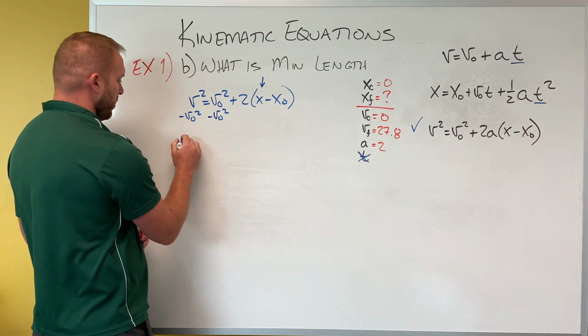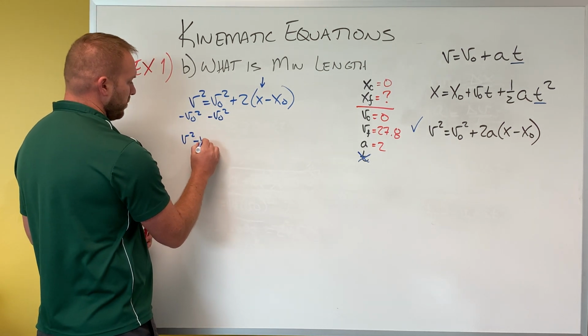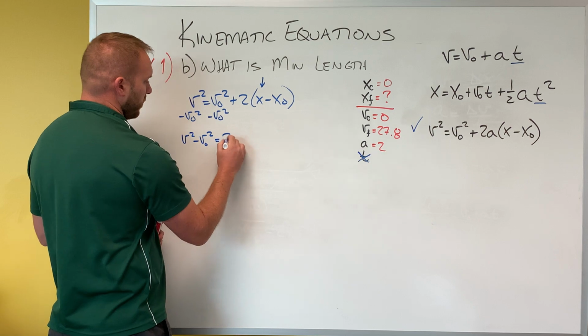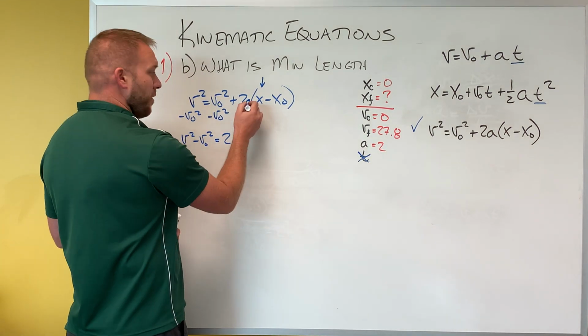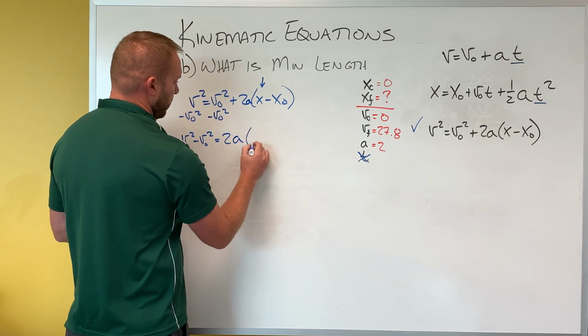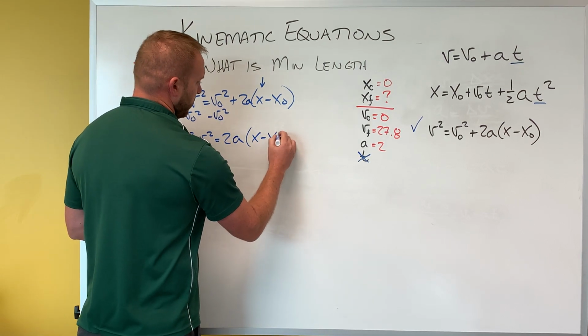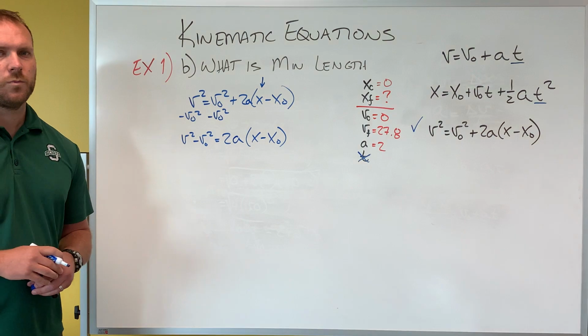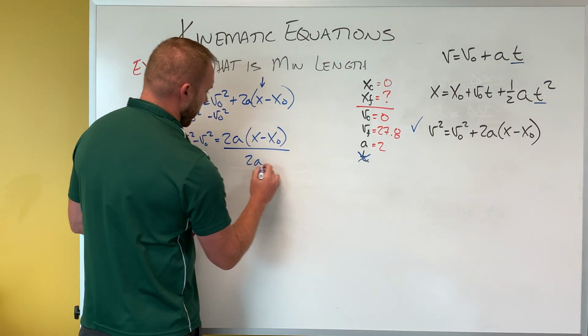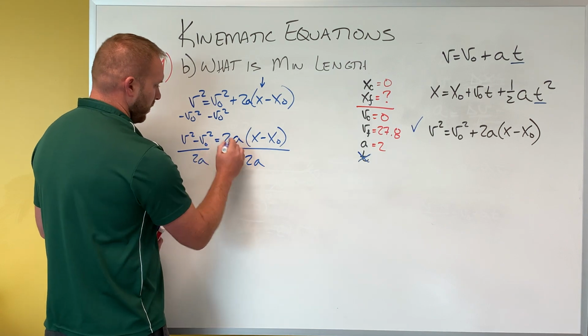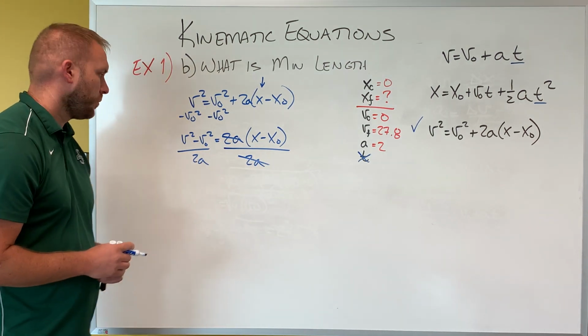And that's going to give me velocity squared minus the initial velocity squared equals 2. Whoopsie, forgot my acceleration there. Very common mistake. 2 times acceleration times final position minus initial position. Great. Again, we're trying to get x by itself. We're going to divide each side by 2a. That goes away.